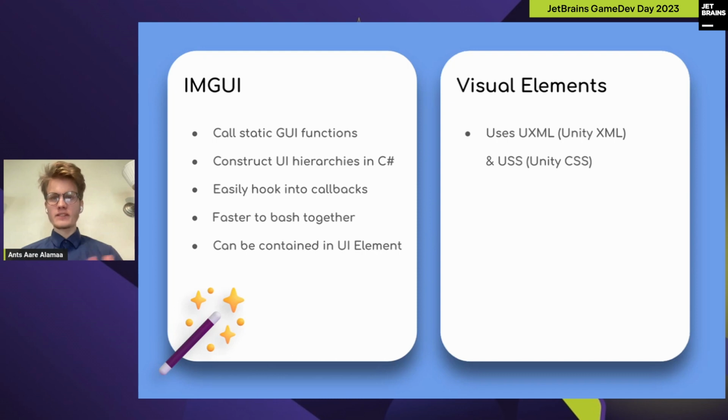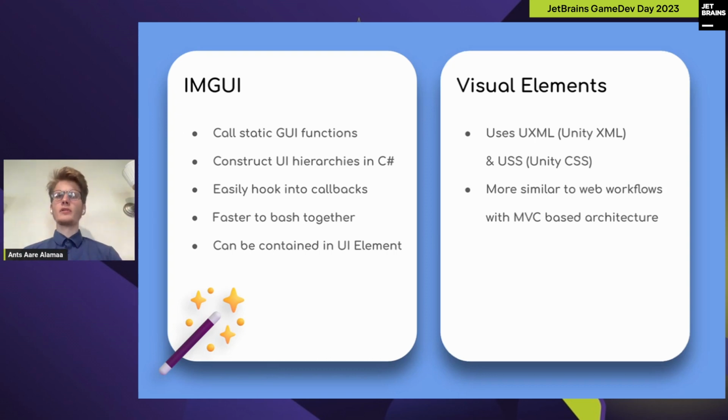So yeah, Visual Elements is a whole different concept. It uses UXML, basically the Unity version of XML, and USS, like Unity CSS. So it's a much more web-technology-inspired workflow. It's also using an entirely different architecture, like MVC, model, view, controller.